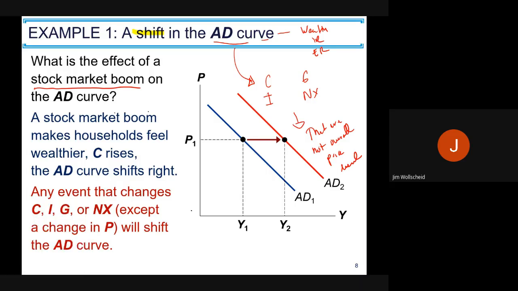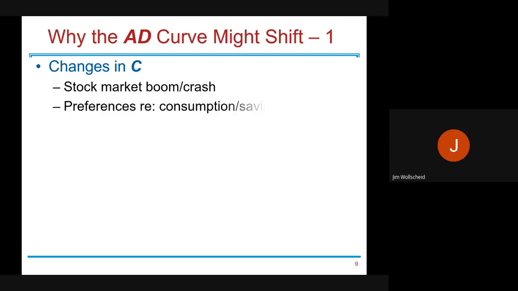This is what we talked about. So I kind of laid out the reasons. Everything goes back to what we've talked about already. So why does the aggregate demand curve shift? Changes in C. This could be due to stock market boom or crash. You could also add in, instead of stocks, you could do the same thing with housing.